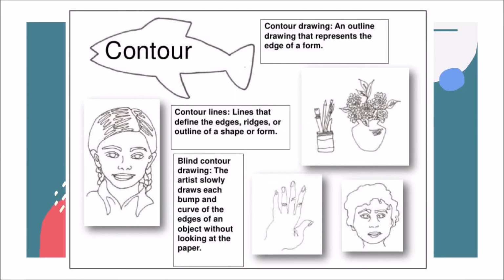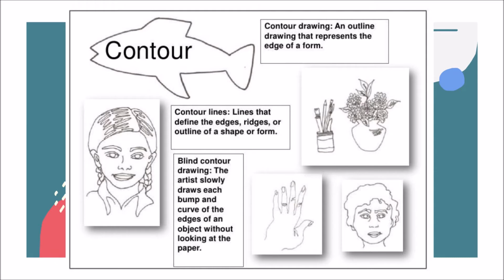Another term that we are going to be adding to our line drawing is the word contour. Contour lines are lines that define the edges or ridges or the outline of a shape. Let's look at this fish in the top left corner. We can see this is the outline of a fish.